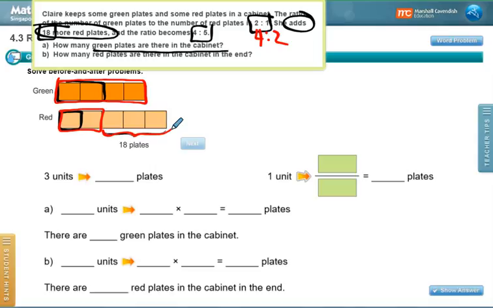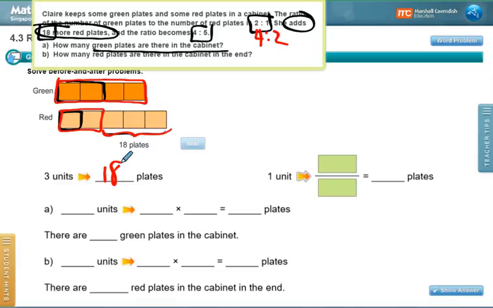So what we see in this picture now is that 3 units is equivalent to 18 plates. You have to extend the ratio, you have to write an equivalent ratio in a way that you're going to be able to add more of the other thing to get the new ratio that we want.